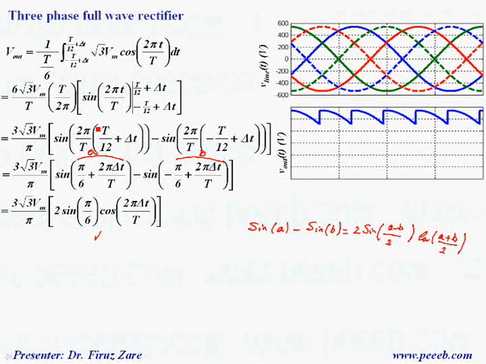When we subtract b from a and divide by 2, we get sine pi over 6, and when we add a and b, we get this term.